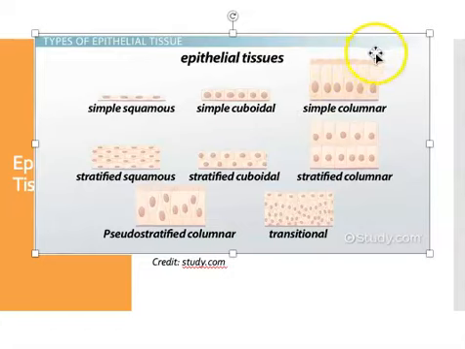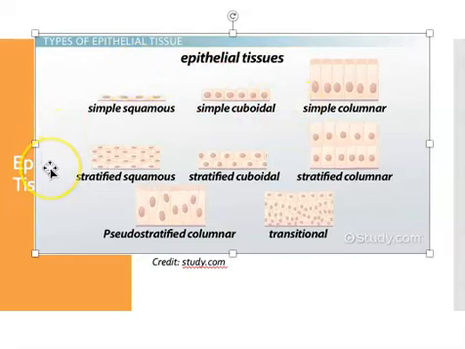There's an apical surface that faces either the outside environment or the cavity of the organ. And then there's a basal surface that lies on the deep side of the tissue. So these nuclei are all lined up down near the basal surface of this tissue.